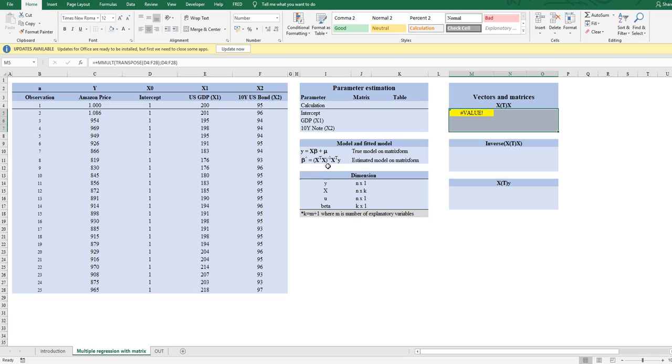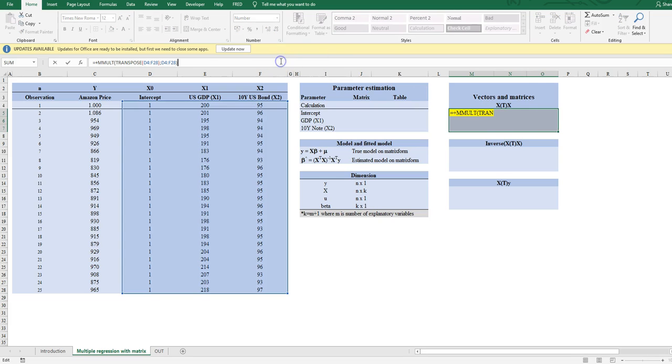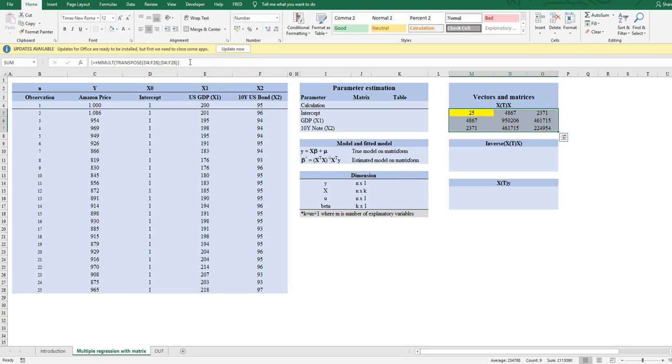So in order to expand the matrix, hold down Shift on the cell that has been calculated initially, and mark the rest of the area. Type in the formula at the top, hold down Control Shift Enter.